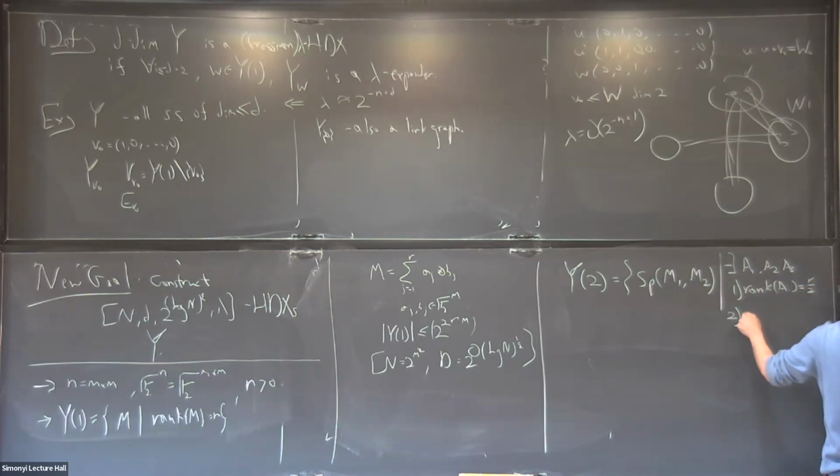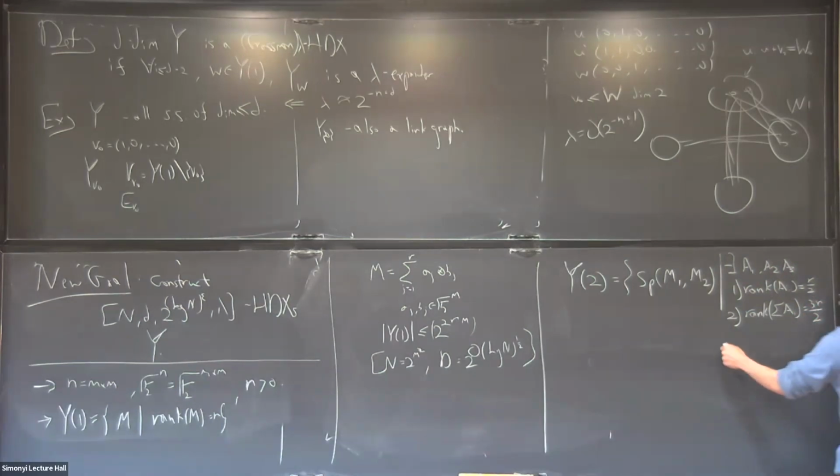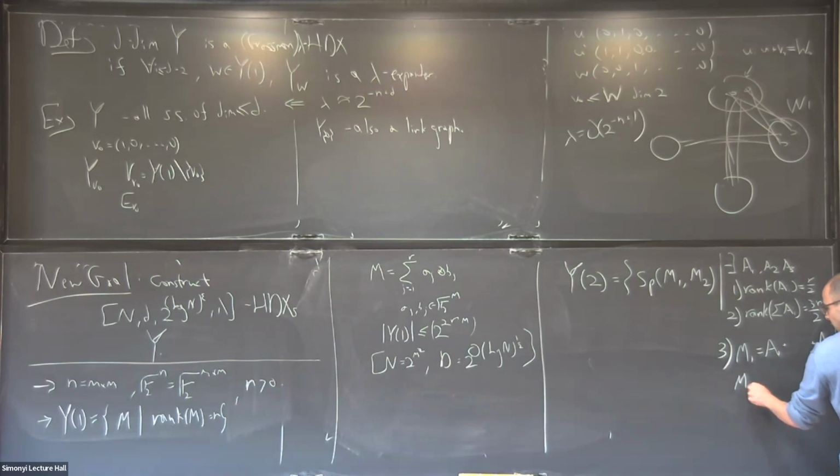I will require, for reasons that we will see soon, that the rank of the sum is the sum of the ranks. You will see soon why. And I want that M1 will be equal to the sum of two of them, and M2 will be equal to the sum of the other: A1 and A3, and A2 and A3.